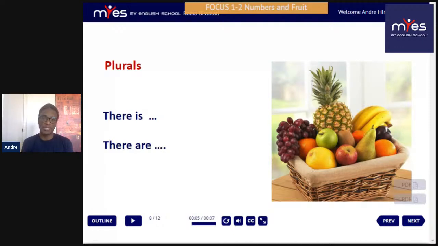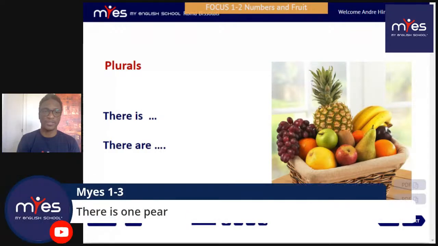There's one pineapple. There are some grapes. Can you find the other fruit? We've got also, there is one pear. One pear. There is one pear as well.